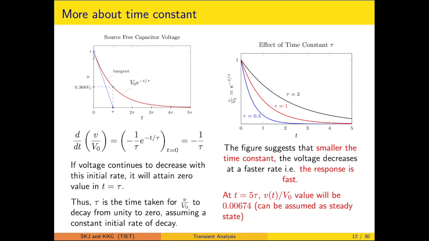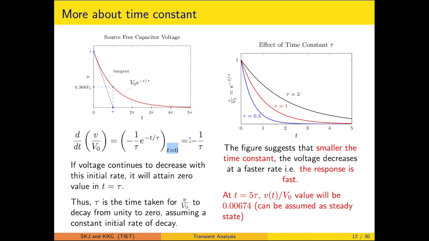Now this time constant can further be explained by another interpretation. If we calculate the slope at the initial point, or you can say the initial slope, that means we are calculating dV upon dt at time t is equal to 0. This is a normalized one, so we are calculating the derivative of V upon V0.